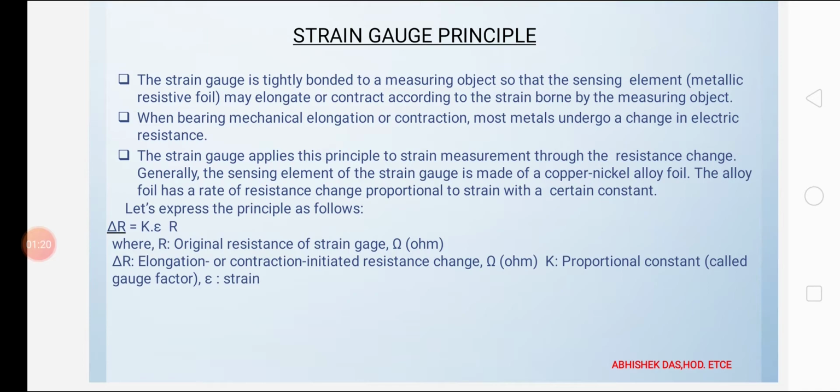Resistance of the conductor under stress is also changed due to the change in resistivity. This property is also known as the piezoresistive effect. That is why the strain gauge is also known as the piezoresistive strain gauge.